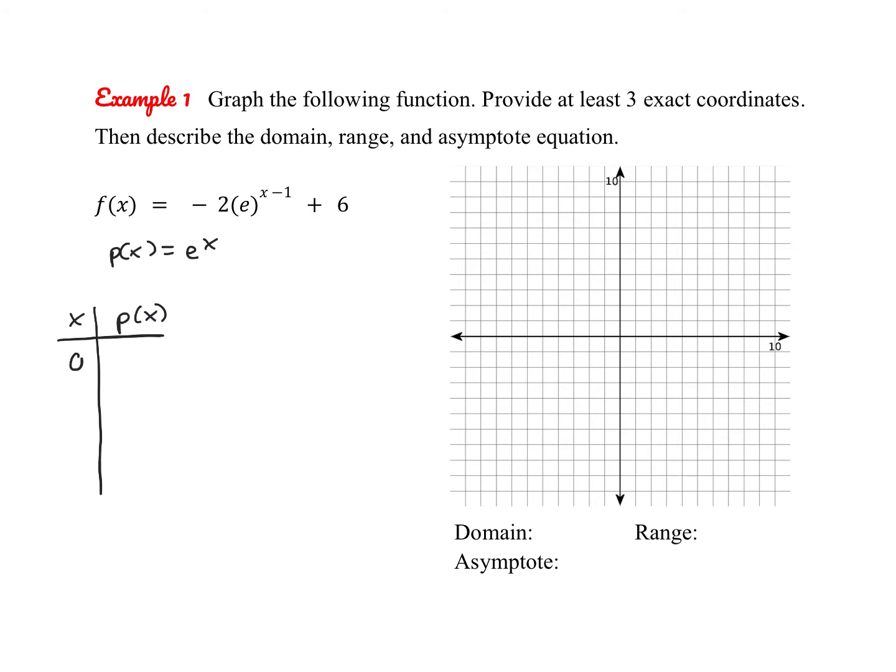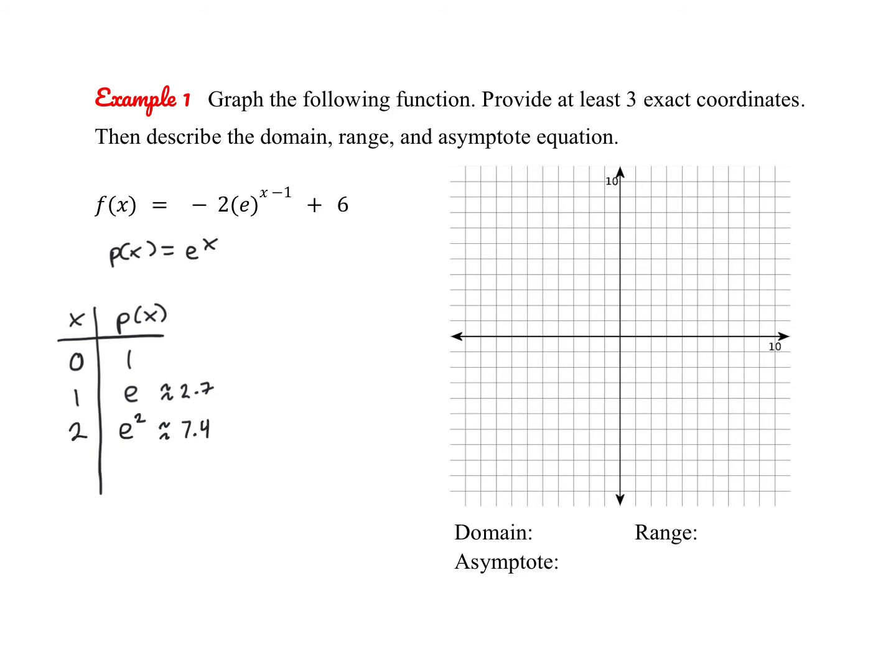So we know that all will go through (0, 1), and then we can do (1, e), which again is approximately 2.7. So notice I have the exact and then the approximation. And then we can even have 2, which would be e squared. So again, e squared is the exact, and then you can get a decimal approximation for that in your calculator. It's about 7.4.